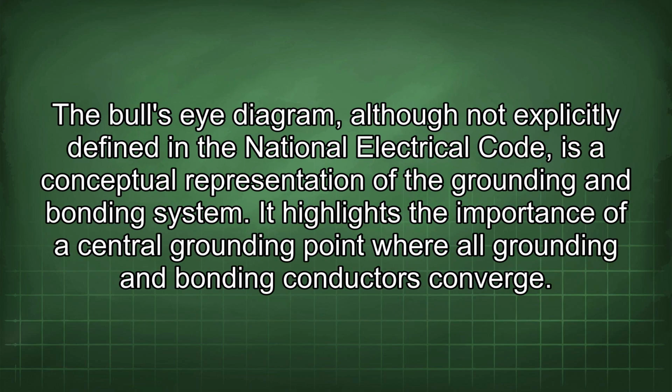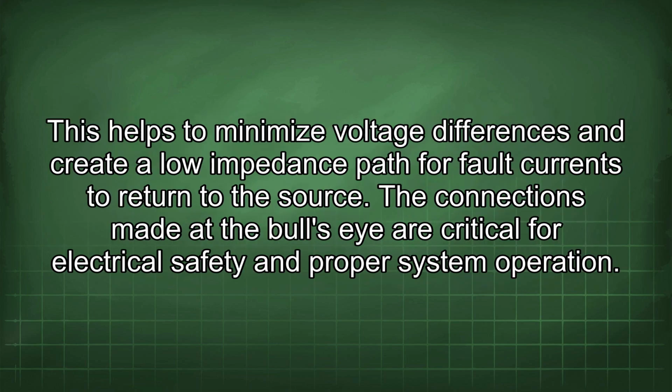The bullseye diagram, although not explicitly defined in the National Electrical Code, is a conceptual representation of the grounding and bonding system. It highlights the importance of a central grounding point where all grounding and bonding conductors converge. This helps to minimize voltage differences and create a low impedance path for fault currents to return to the source.